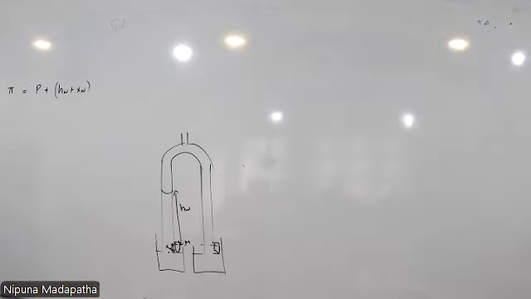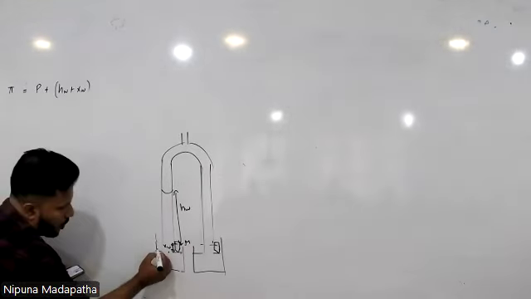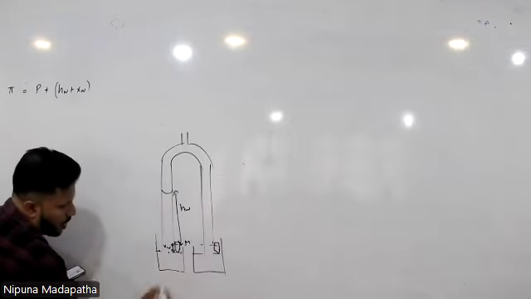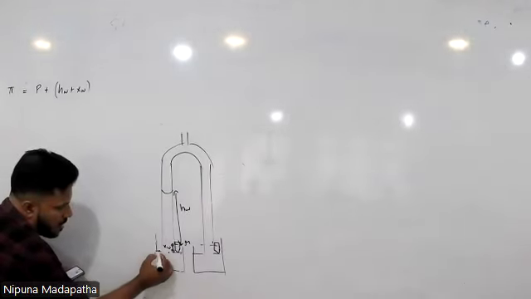This is where the HW measurement is done. You need to add the indicator length to that length. That length is HW. Understood? So we equate the pressures: the pressure at this point is equal to the pressure here.